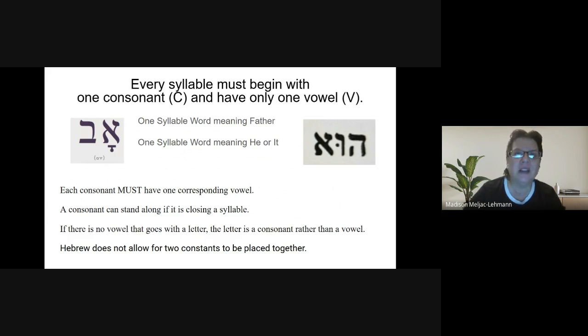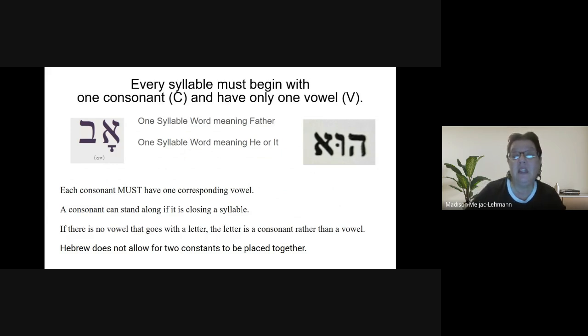Now, you're like, Madison, wait a minute. This is Aleph. Aleph is silent. But that's why we have Aleph, because we can't start any word with an A sound unless we have something to put in front of it. So now when you think, why did Hebrew have all these weird silent letters?